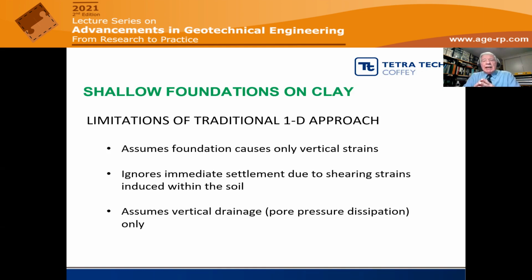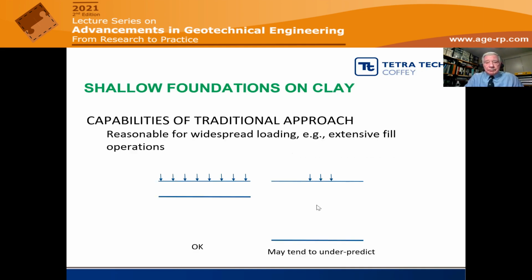Now, there are limitations to that approach because we know that there are, in addition to vertical strains, there are also horizontal strains and shear strains. And also, we recognize that not only can pore water pressures dissipate vertically, but they can also, in general, dissipate horizontally.